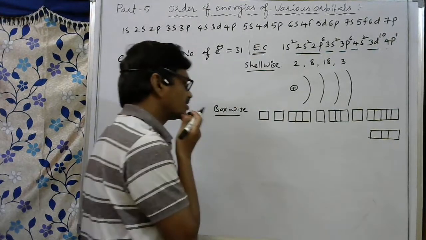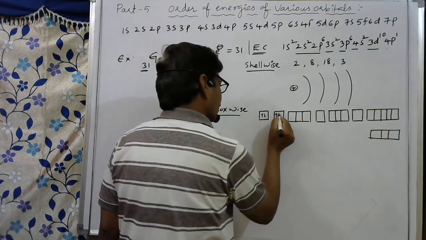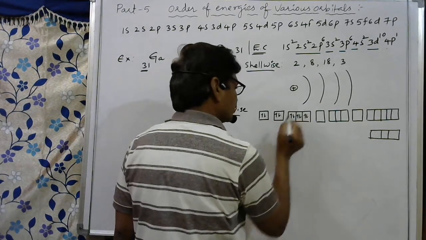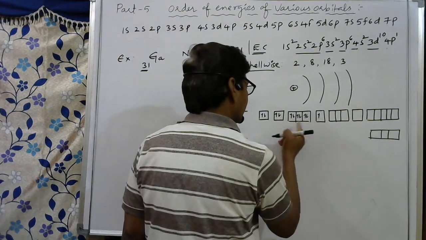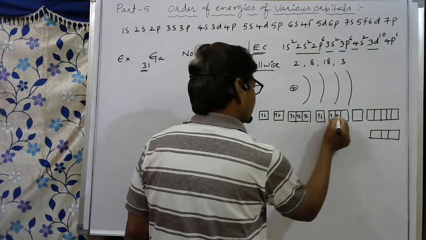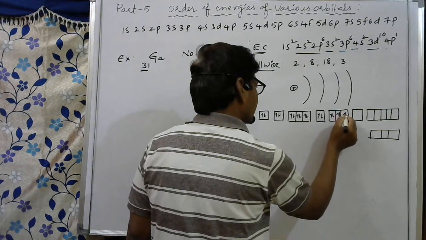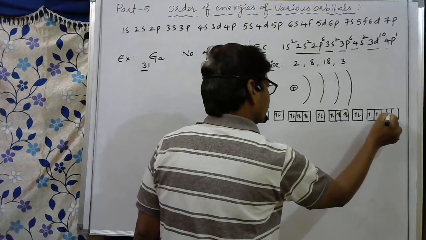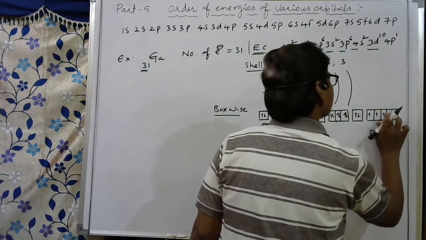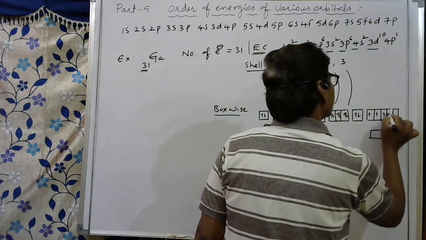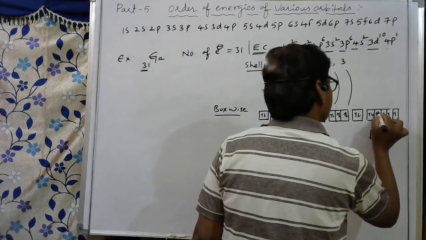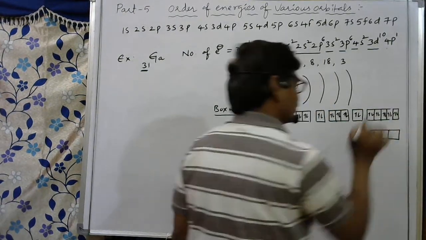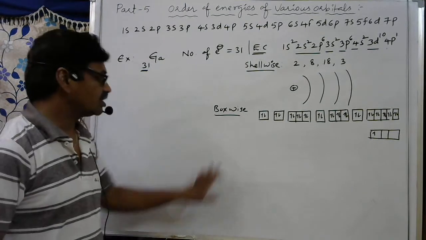Now you have to write the electrons. Here 2 electrons, here 2 electrons, and while writing electrons in the p boxes, 1, 2, 3, 4, 5, 6, in this way you have to write, up to 30 electrons. Here only one. This is your electron configuration in box wise form.